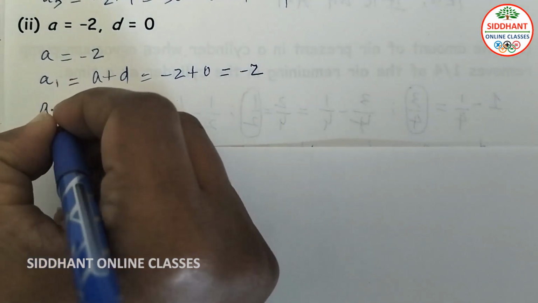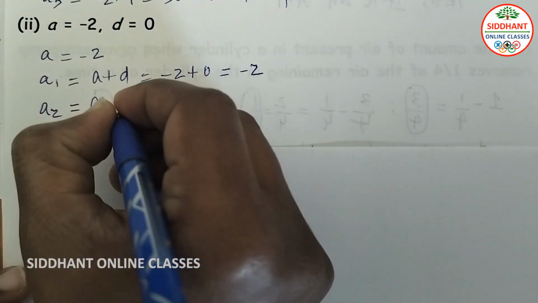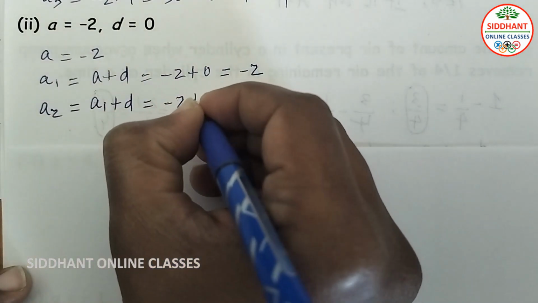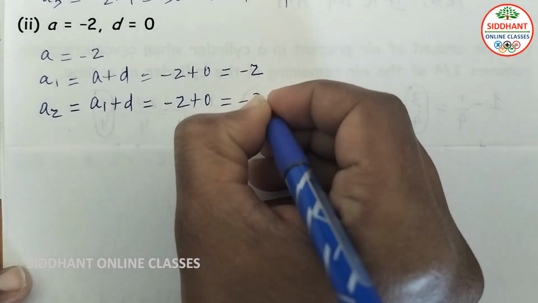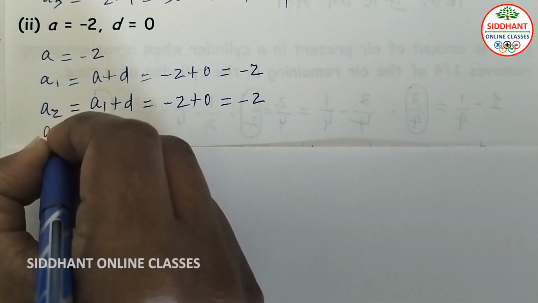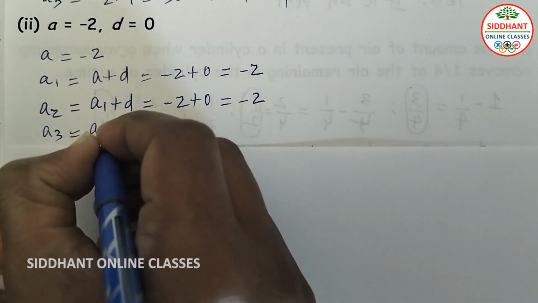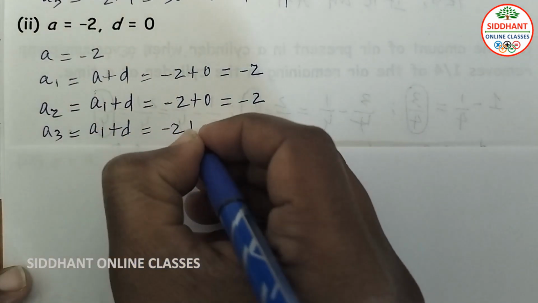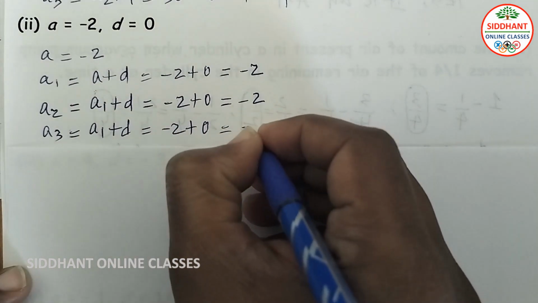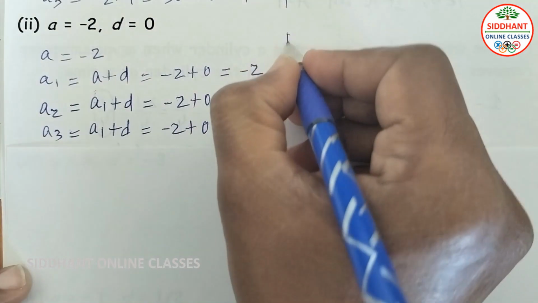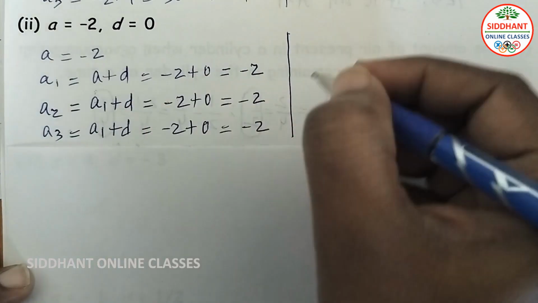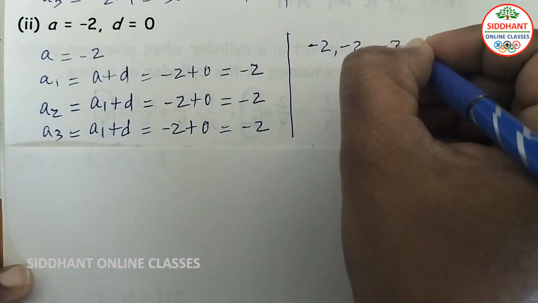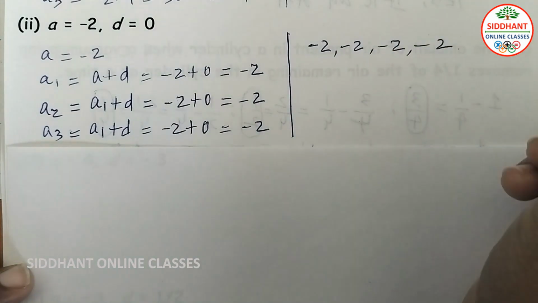And A2, A1 plus D, that equal to minus 2 plus 0, that equal to minus 2. A3, that equal to minus 2 plus 0, that equal to minus 2. So the four numbers are minus 2, minus 2, minus 2, minus 2 here.